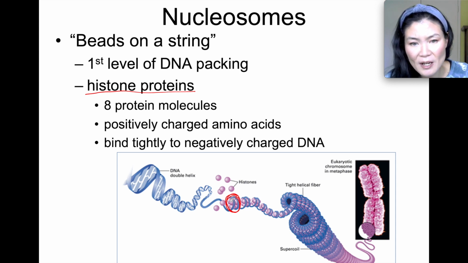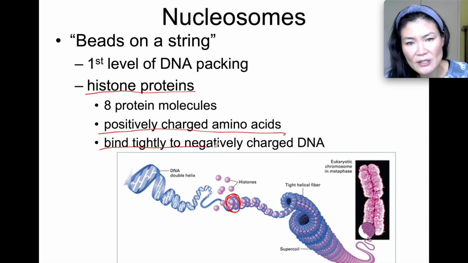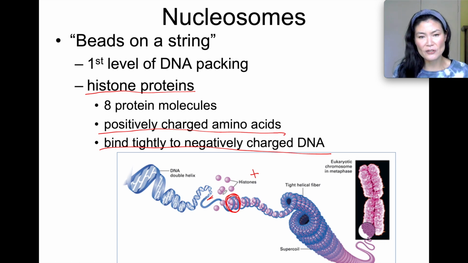They happen to be positively charged, and they're going to bind tightly to negatively charged DNA. So the histone proteins are positively charged, whereas the DNA is negatively charged, so they're attracted to each other, and that helps with the packing of DNA. DNA is attracted to those positively charged histones.